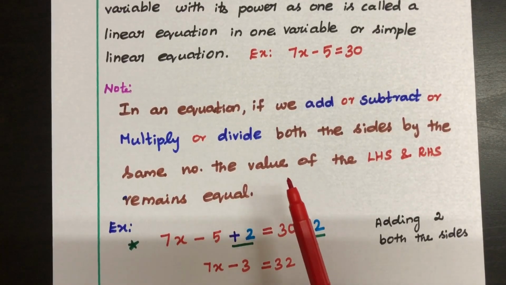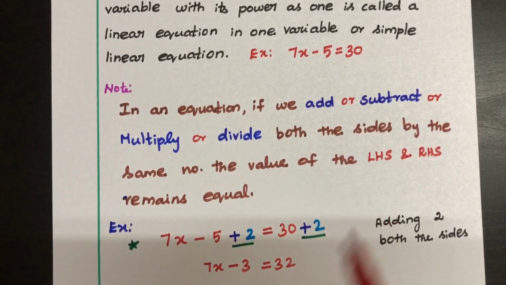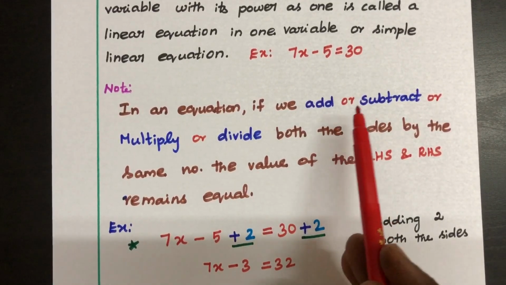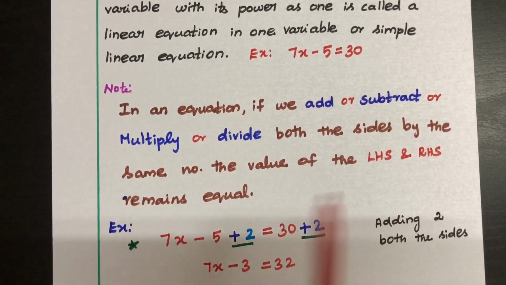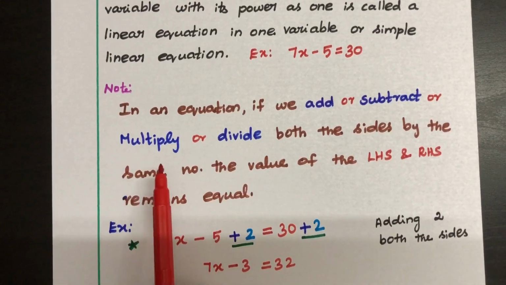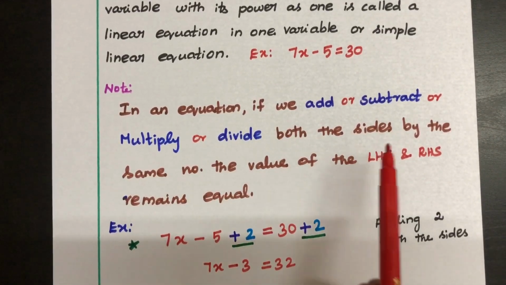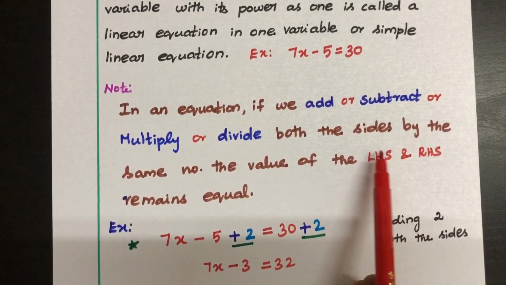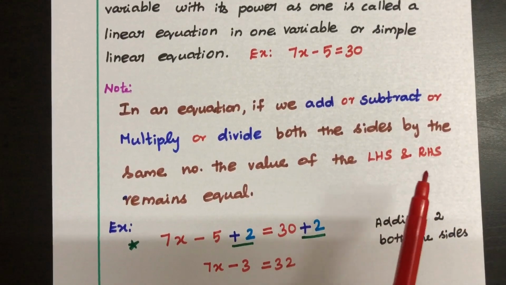Equation means left hand side is equal to right hand side. So whatever you do, add, subtract, multiply or divide, do it for both the sides, not one side. If you are adding some number, you should add the same number on the right hand side. The value of the LHS and RHS remains equal.